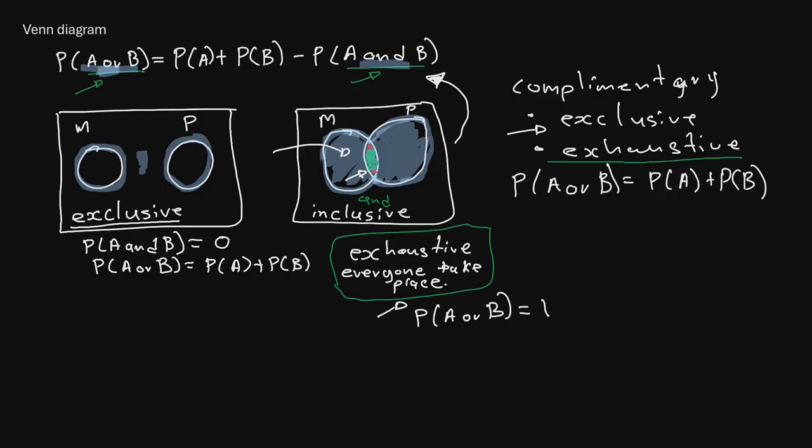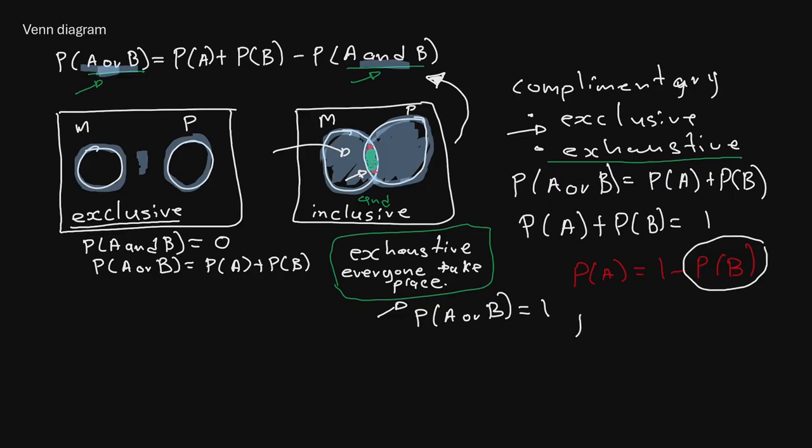This will mean that the probability of A plus probability of B is equals to 1 because the probability of A or B is the same thing as probability of A plus probability of B. So we'll come to a point whereby if we want probability of A in exhaustive events, the probability of A is going to be 1 minus probability of B. But now we can also represent the probability of B by saying probability of B is the same thing as probability of not A.